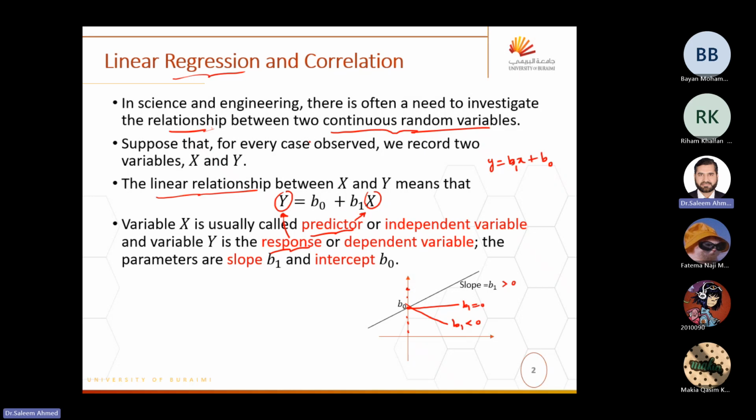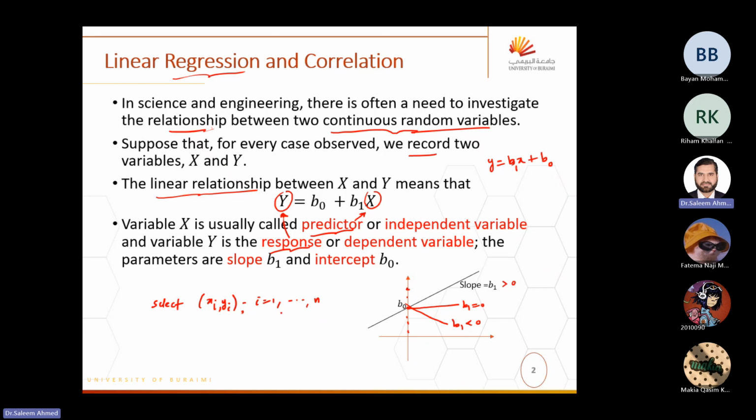Now, if you have these two continuous random variables, it is not possible to record all the values, you see, because there are infinitely many values for x and y. We cannot record, but at least we can select a sample, right? So maybe we can select a sample of values xi, yi, let's say, where i goes from 1 to n.